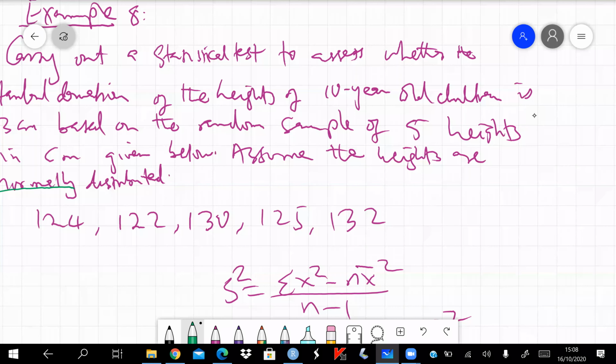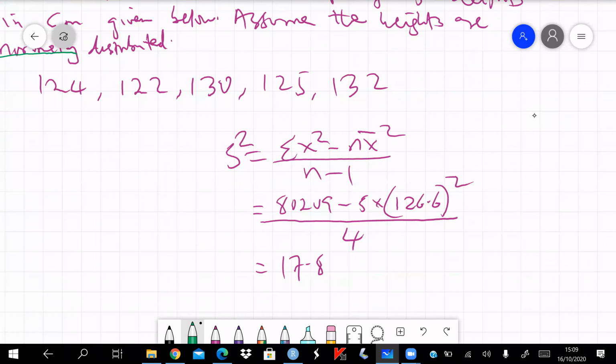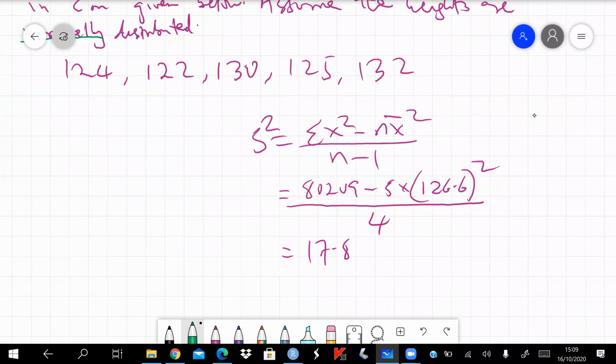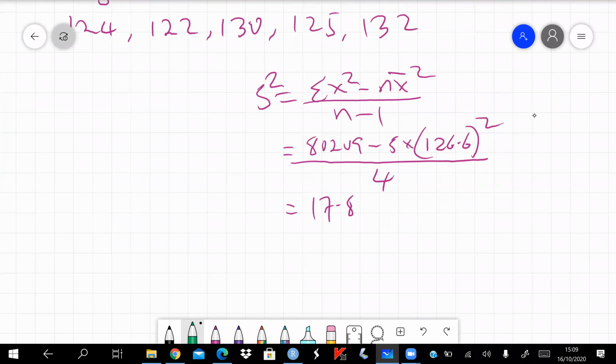S squared is equal to summation of x squared minus n multiplied by x bar squared divided by n minus 1. For small samples, the divisor is always n minus 1. Then when you work it out using that formula, you'll obtain that your S squared is 17.8.